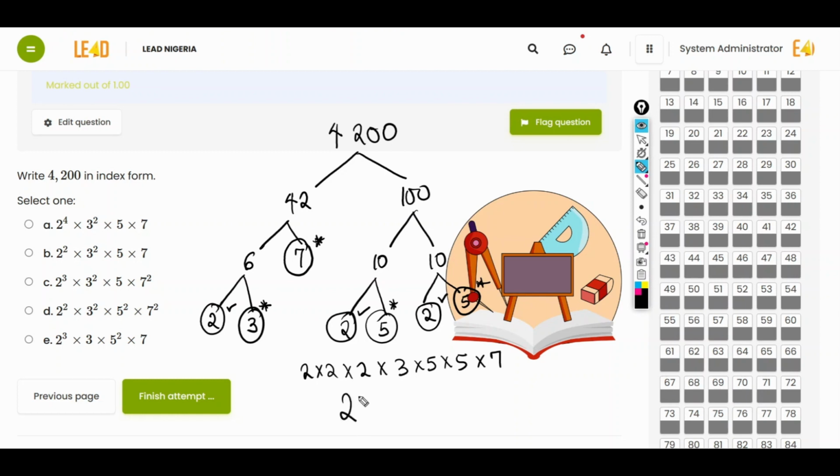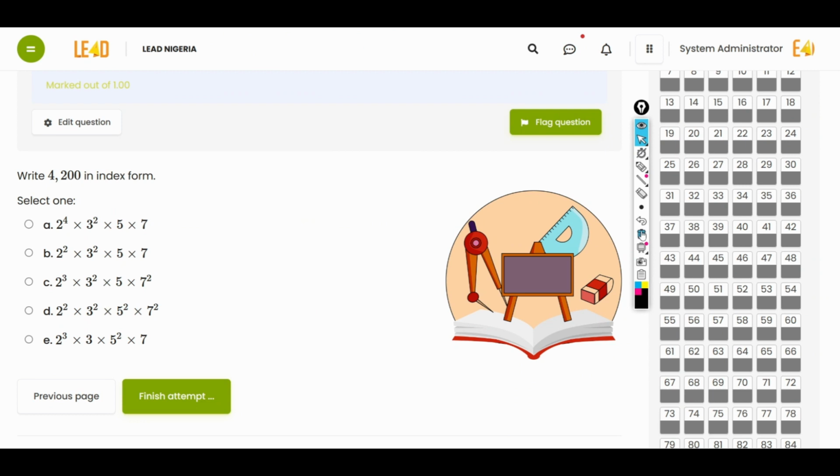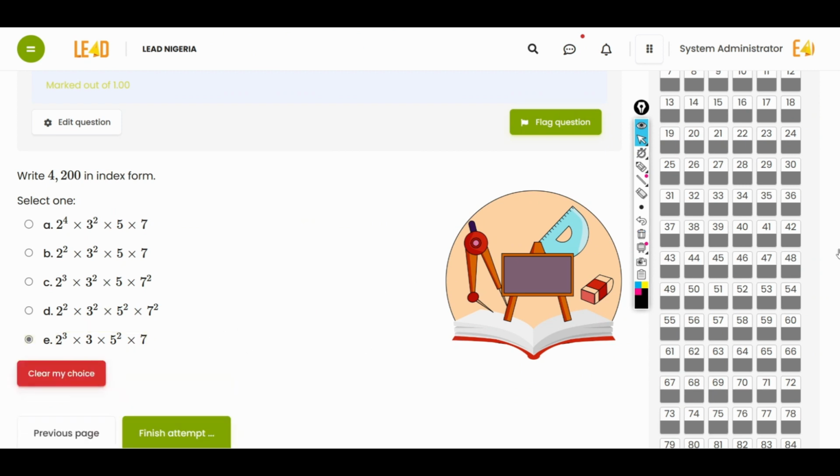So this gives me 2 raised to the power of 3 times 3 times 5 to the power of 2 times 7. And that option is option E, I believe. Okay, and we're done. Let's check.